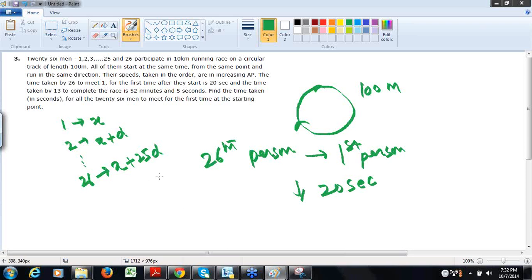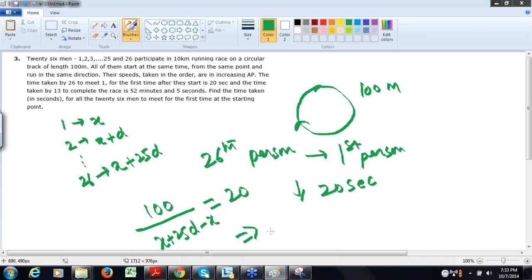So the distance traveled by the first person will be what? So what will be the time? Time will be distance upon speed. Speed will be what? X plus 25D minus X, which will be 20.